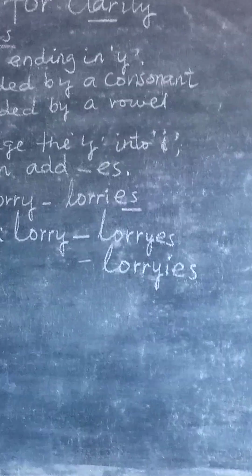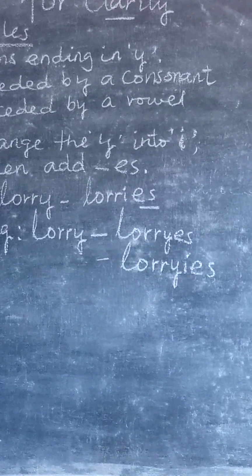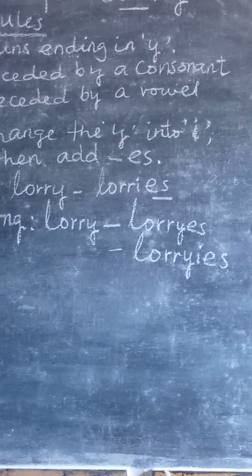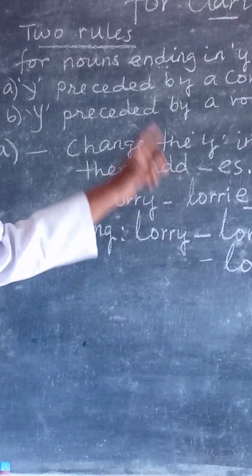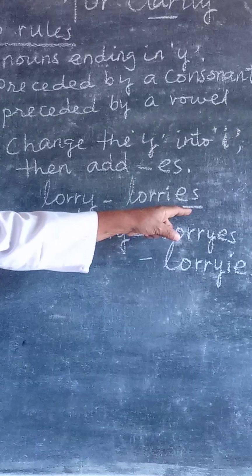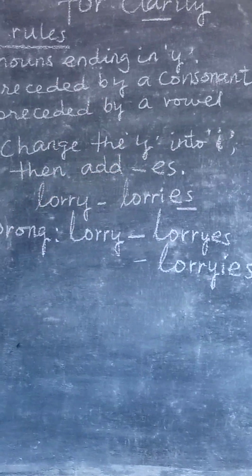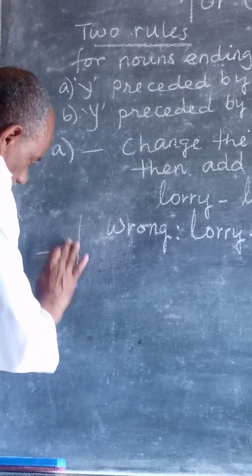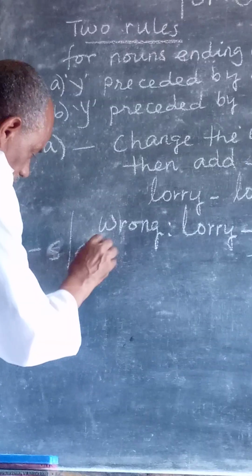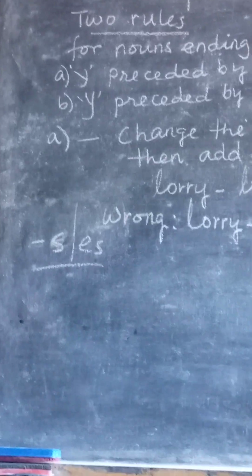We don't do this. When the Y is preceded by a consonant, be it any consonant, then we change the Y into I and then add ES. In plural formation, we add S or ES to form the plural.